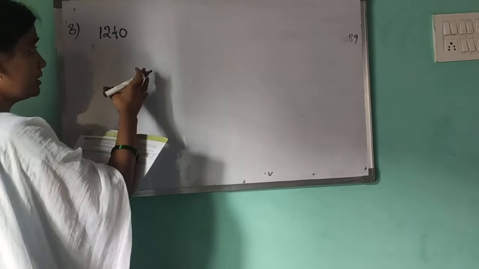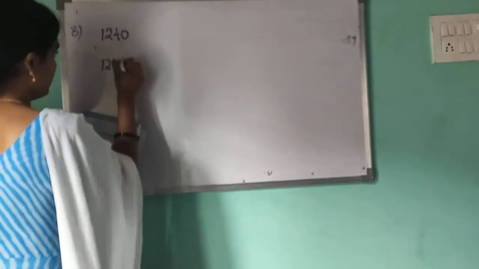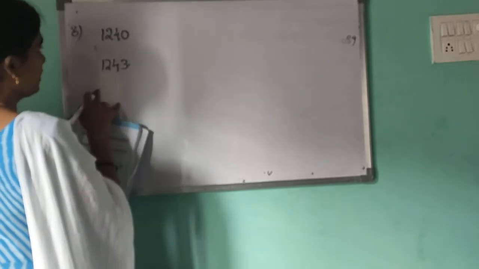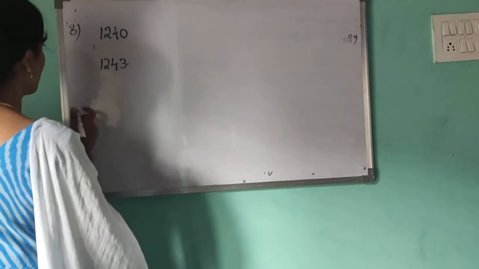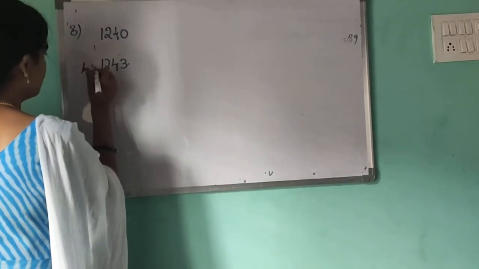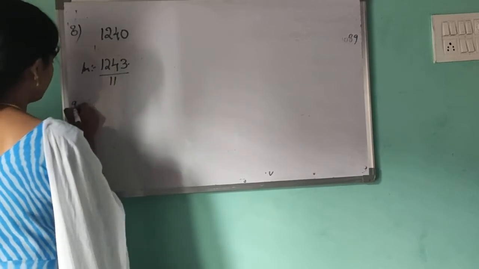The nearest number that is divisible by 11, here I am taking 1243. 1243 is divisible by 11. So the answer is 1243. Divisible by 11, absolutely.